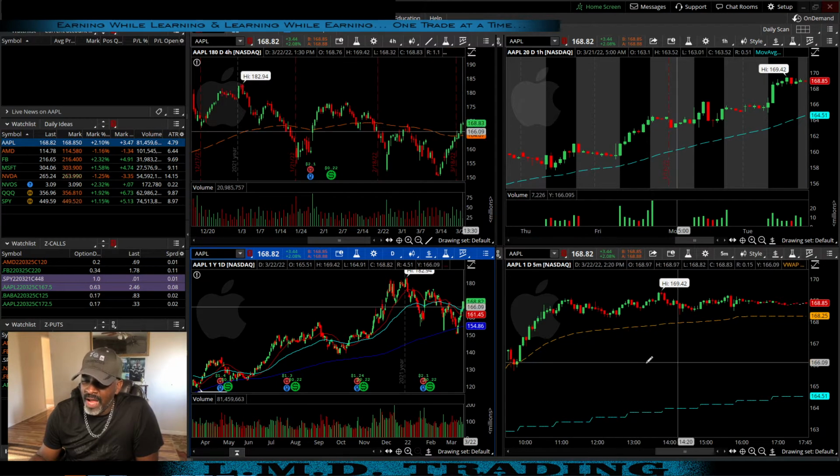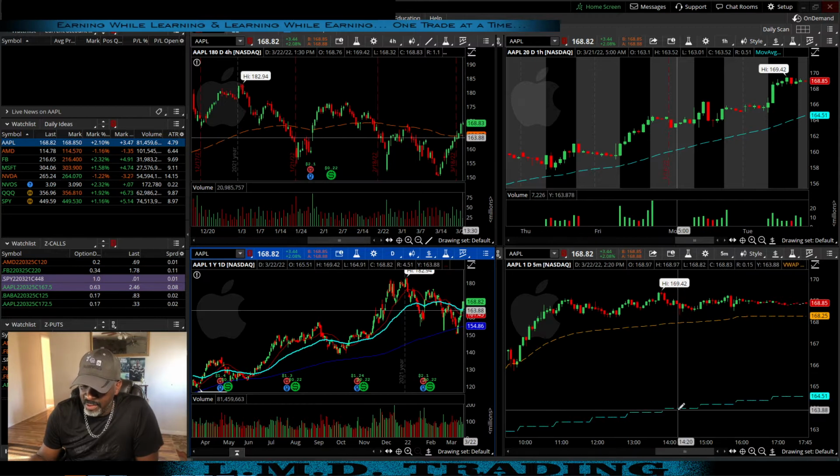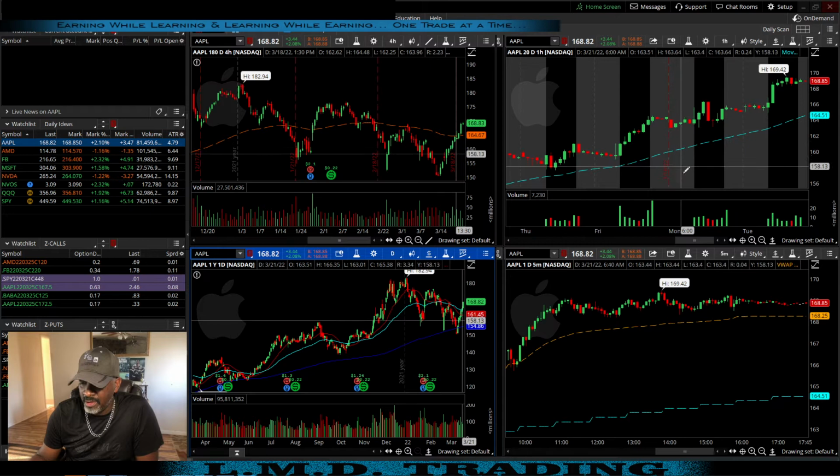Then we have the hourly chart with the 50 moving average set to the hourly time frame. Then we have the 5-minute chart with the VWAP. That's this amber or gold colored broken line. And then we have the 50 moving average set to the hourly time frame.